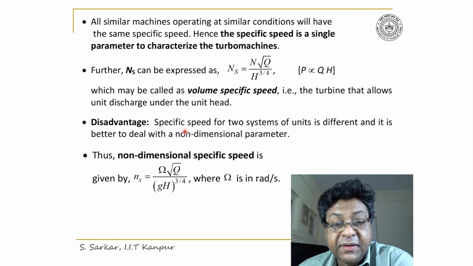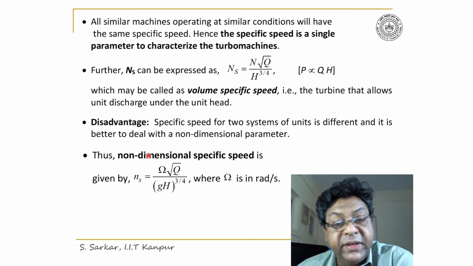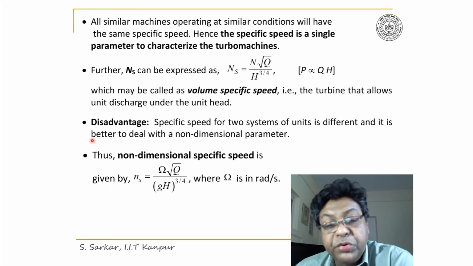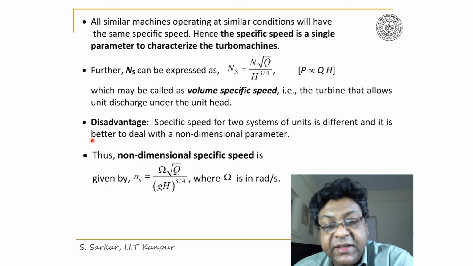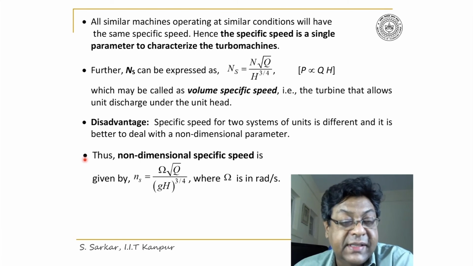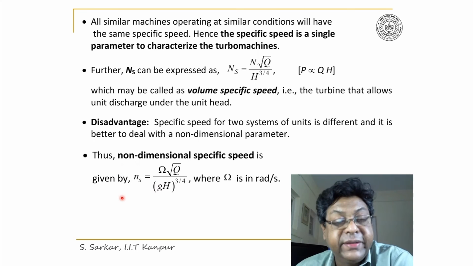That means it is system of unit dependent. So it is always better to deal with a non-dimensional parameter. With this in view, I have defined the non-dimensional or dimensionless specific speed, denoted by small ns.